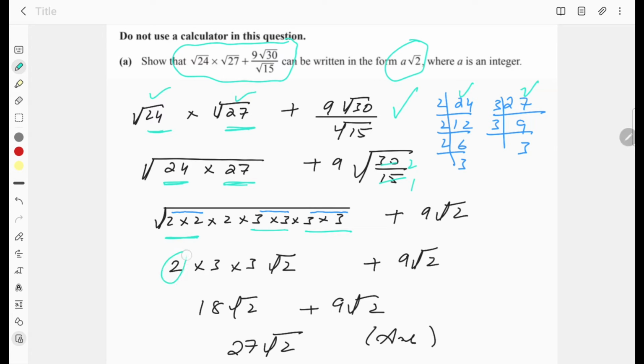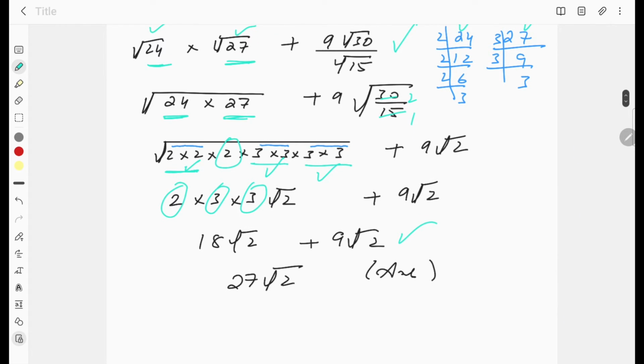So this 2 is coming out from here, this 3 is coming out from here, and this 3 is coming out from here. So 2 is only left under this radical sign. So this will be 18 under root 2, and this is 9 under root 2, these two get simplified and become 27 under root 2.